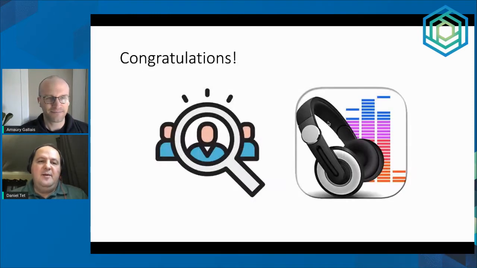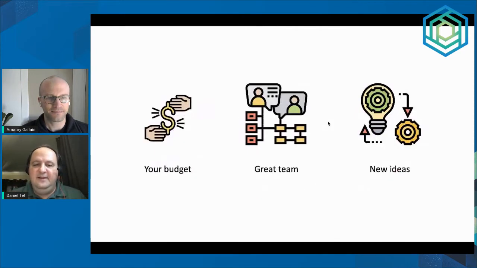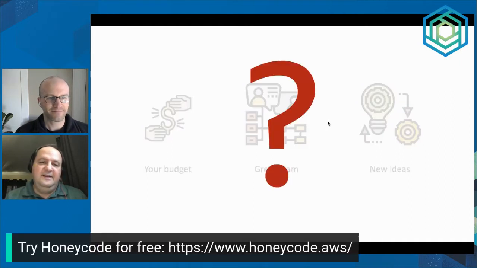If you remember, the scenario for this series is that you've just been promoted as the manager of the music store, or as manager of the IT, or manager of the data for the music store. And congratulations, you have your own budget, you have your own team, and now you get to implement all those beautiful ideas you've had, all those think big ideas. And nothing can go wrong, of course, right?